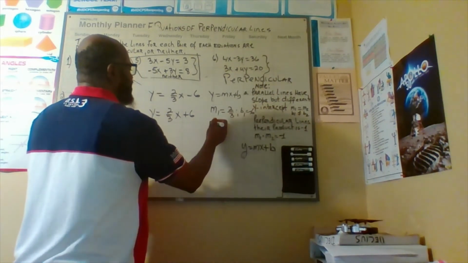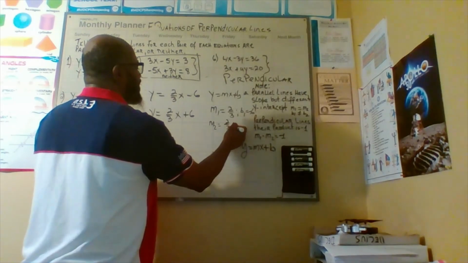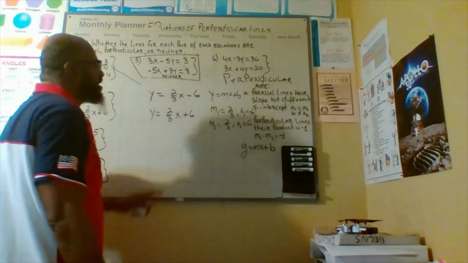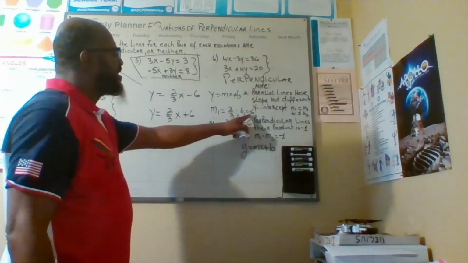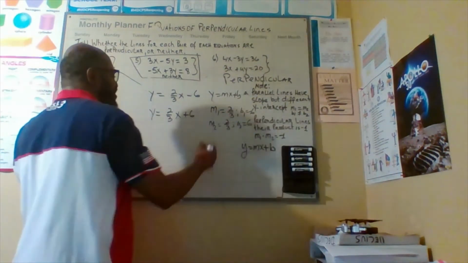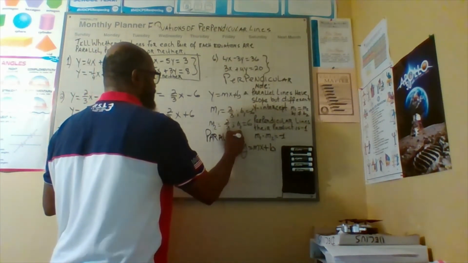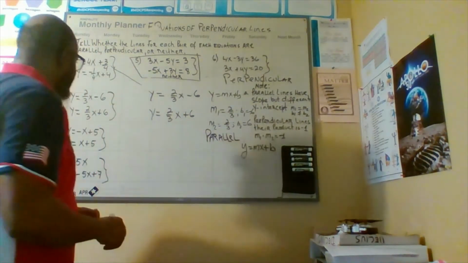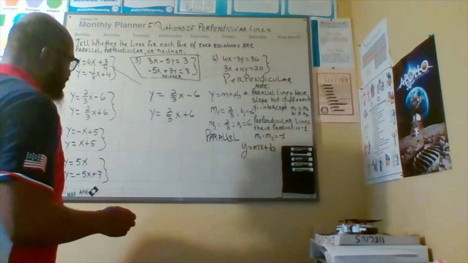The slope for 2 is 2/3, and b2 is 6. In this case, the slopes are the same, and they have different b. Those two equations are parallel. Then you're done. All right. Let's move on.